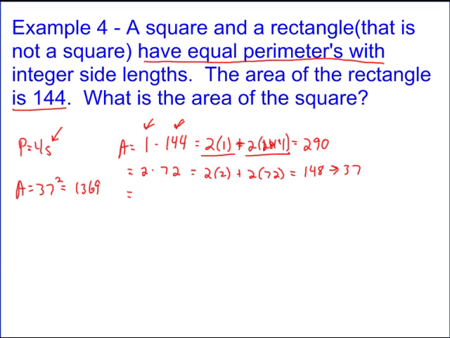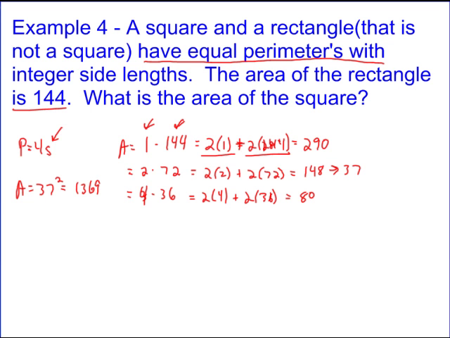It doesn't turn out to be the only one, right? If I'm using the fact that I need even numbers, I could put 4 in, right? 4 goes into 144 36 times. So 2 times 4 plus 2 times 36 equals 80.